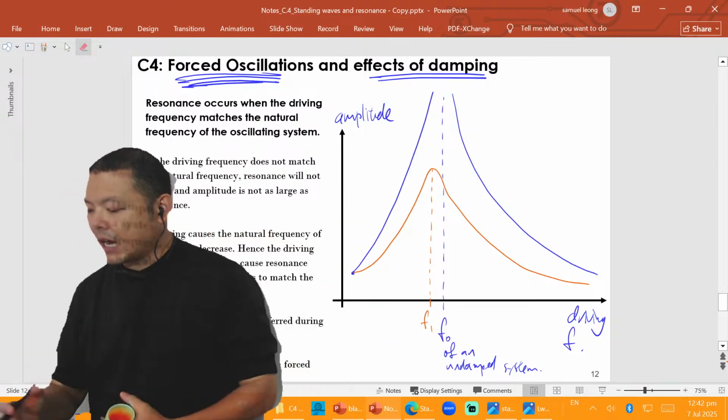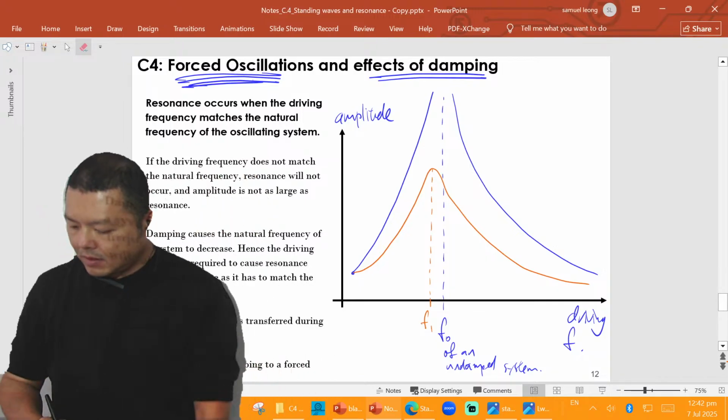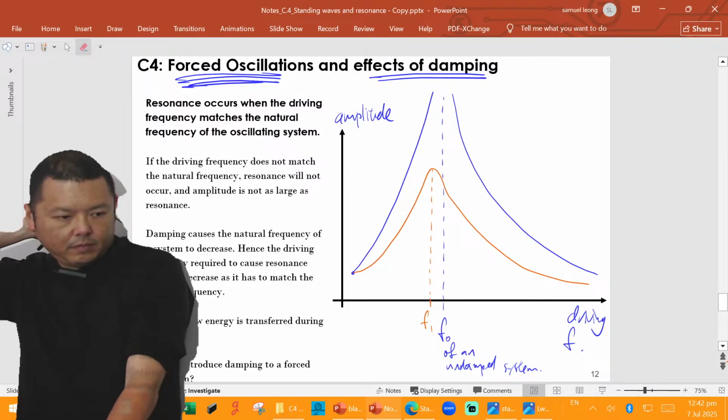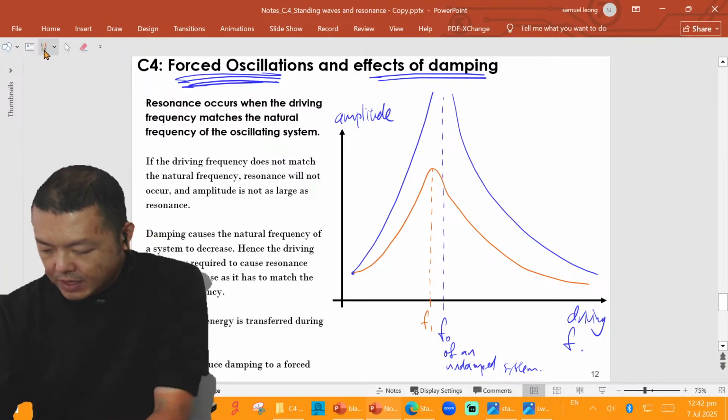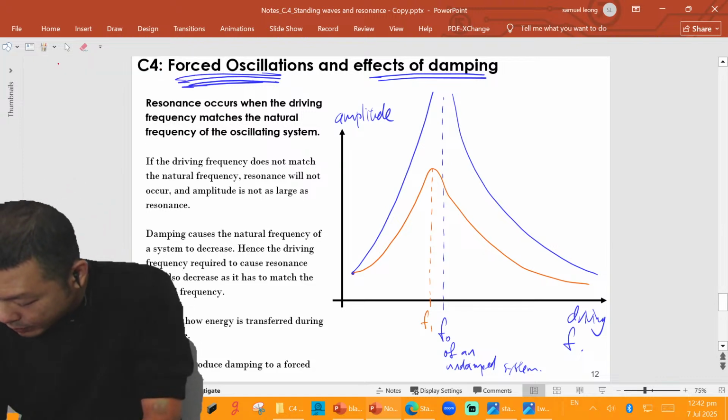And what happens to the graph if you keep on increasing the damping? So if you keep increasing the damping, the graph will go like that.